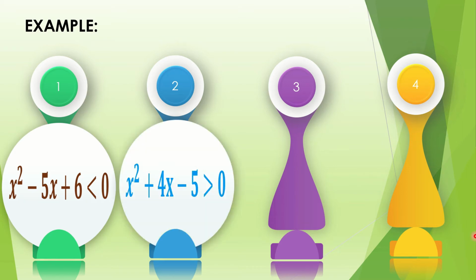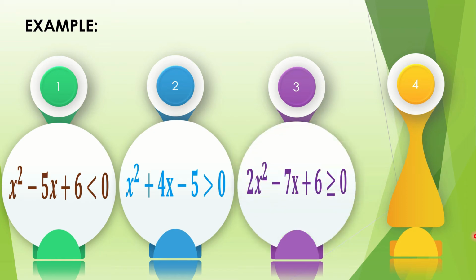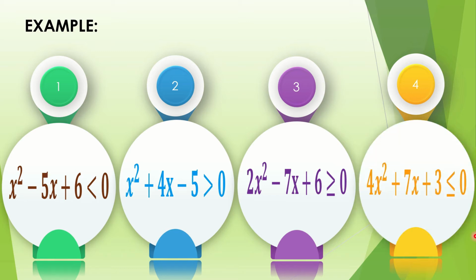Number 2, x squared plus 4x minus 5 is greater than 0. Number 3, 2x squared minus 7x plus 6 is greater than or equal to 0. And number 4, 4x squared plus 7x plus 3 is less than or equal to 0. All of them are second degree polynomials and use inequality symbols.